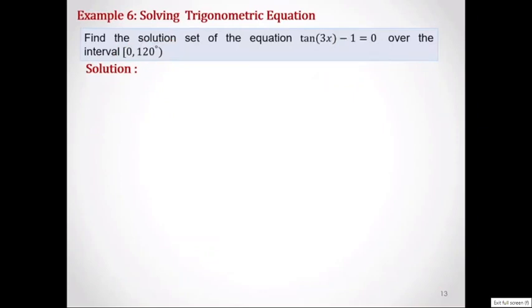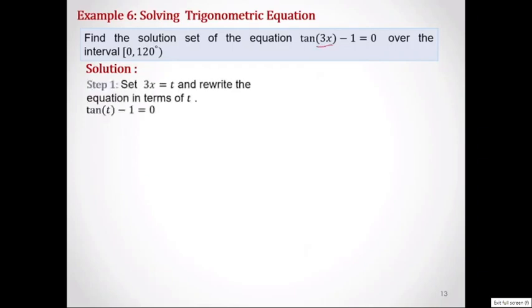Now let's do the same thing for this one. You can say 3x is t. So tangent t minus 1 equal to 0. And now, here we have this interval. This means x is between 0 and 120.